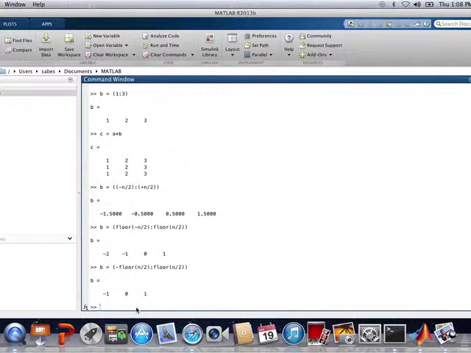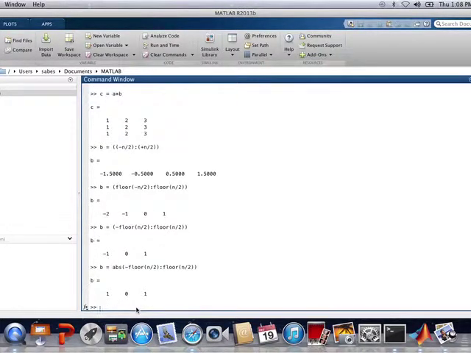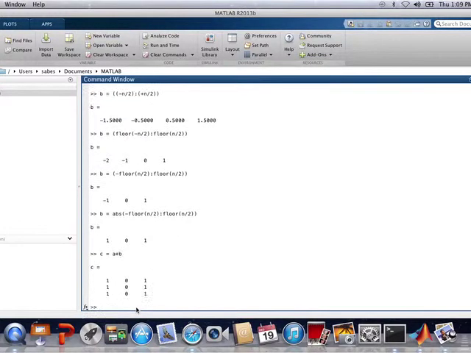Good. And we want just the absolute values, so let's set it this way. And now if we go back to this C equal to matrix A times matrix B, then we have reproduced the middle row.